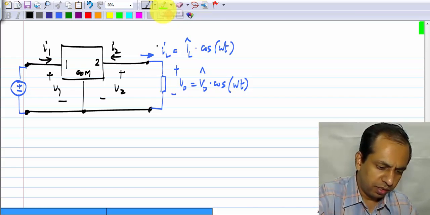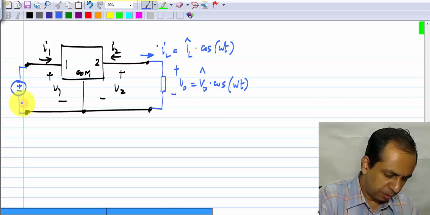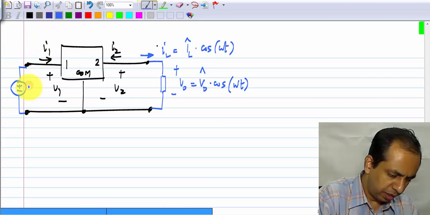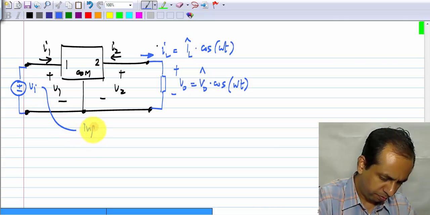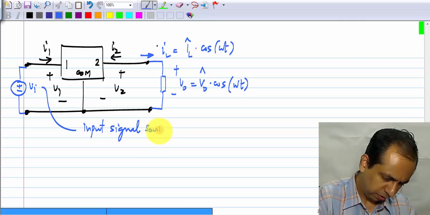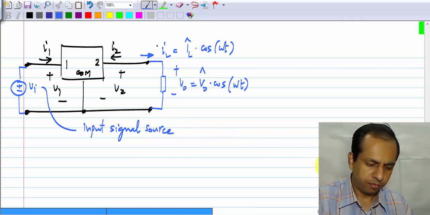Now, just for illustration's sake, let me assume that the additional source of power is something connected in series with the input source. So, this is the input signal source. Okay.